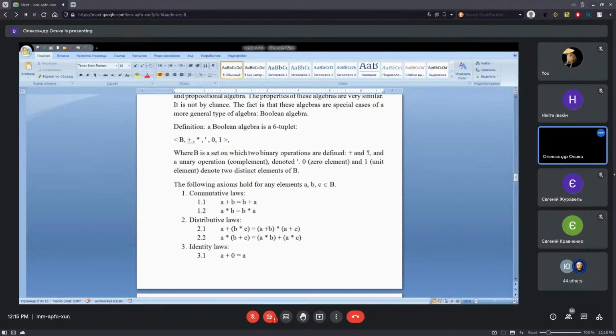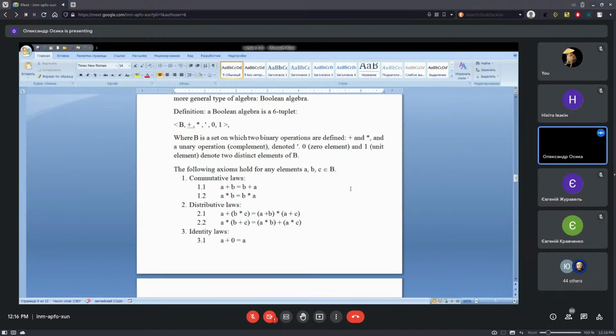Just two symbols for two operations, and a unary operation, complement, denoted by this asterisk. The zero element and the unit element 1 denote two distinct or special elements of B.